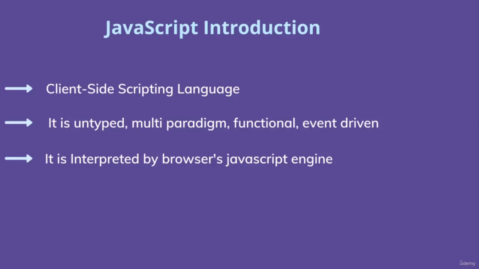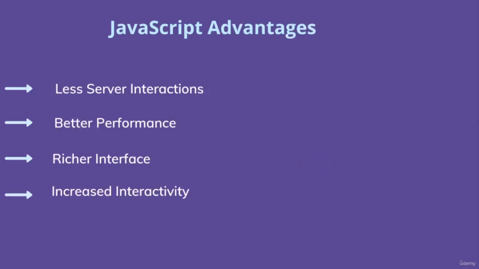That JavaScript engine is actually able to execute the code which is written in JavaScript. And make sure that while doing this, JavaScript must be enabled for that particular browser. Only then will you be able to see the execution of your JavaScript code.